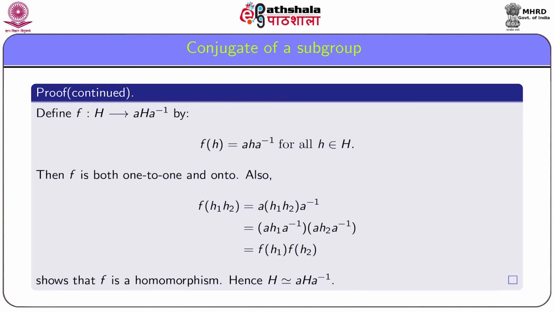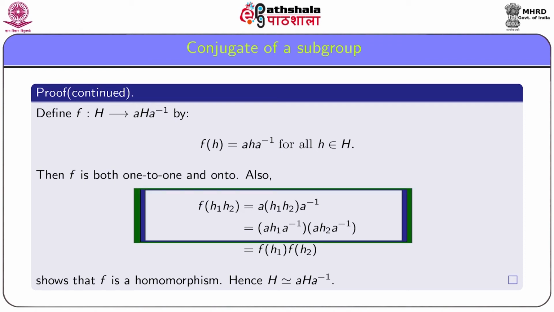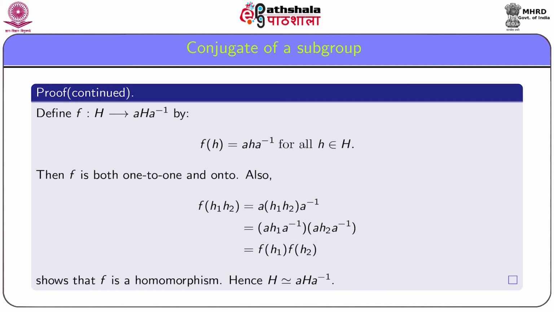For this, f(h1 h2) equal to a h1 h2 a inverse. Insert a inverse a between h1 and h2 and we get a h1 a inverse times a h2 a inverse. Thus, f(h1 h2) becomes equal to f(h1) times f(h2), and hence f becomes a homomorphism and we have H is isomorphic to aHa inverse.